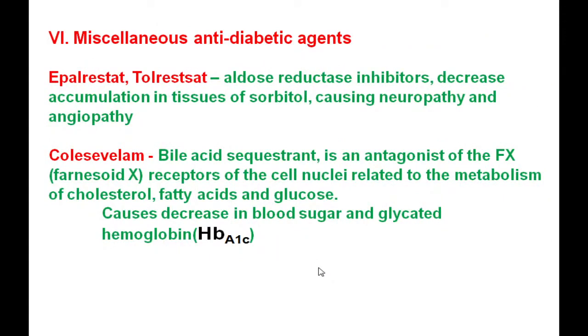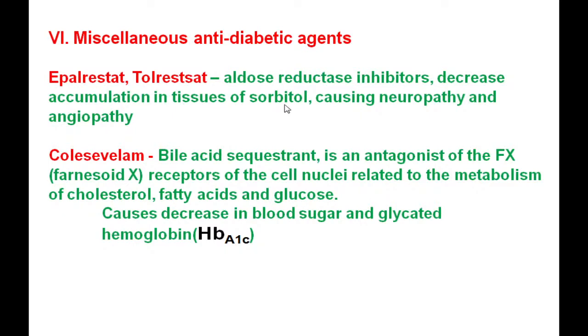And the last, miscellaneous anti-diabetic agents. Epalrestat, tolrestat. Aldose reductase inhibitors, inhibitors of the enzyme aldose reductase. Inhibition of this enzyme decreases accumulation of sorbitol in tissues.